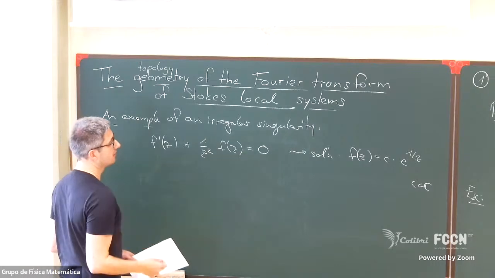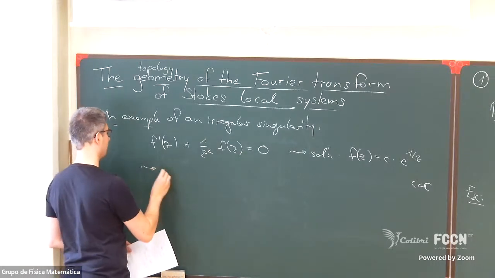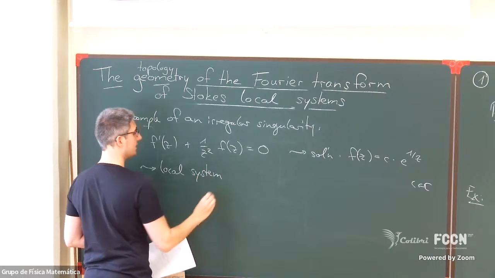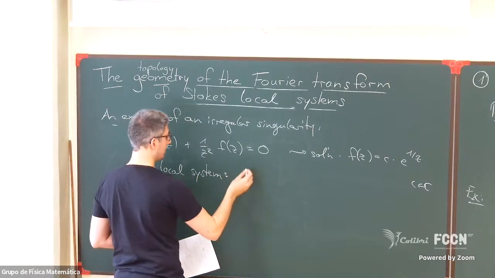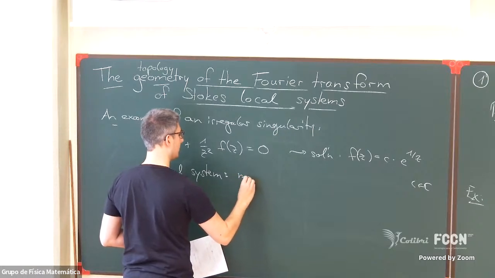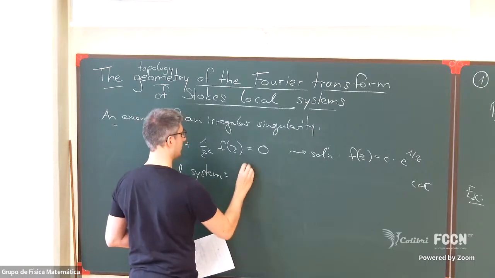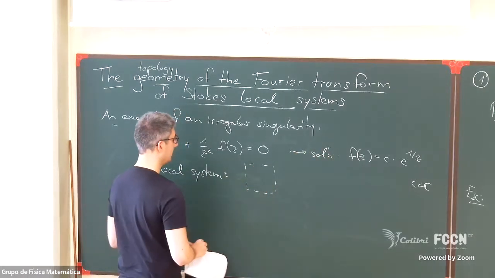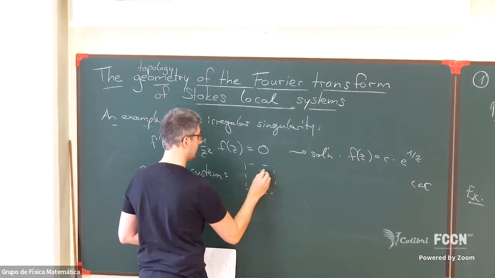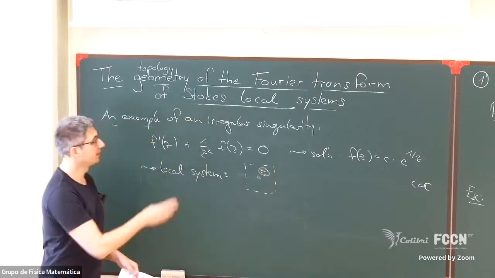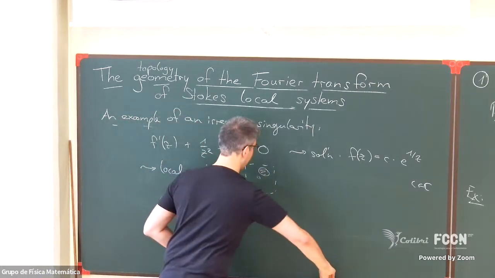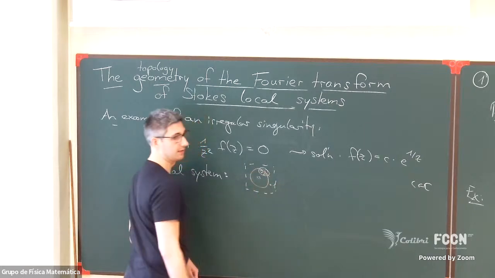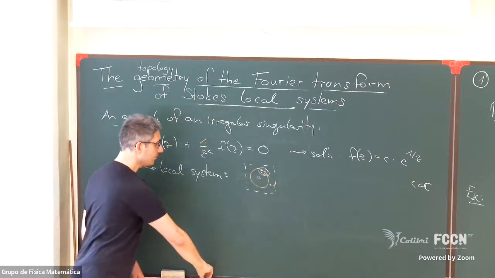And of course, I can still describe what the local system is. The local system is the one. This is a globally defined exponential. So locally, I again have a one-dimensional solution space, and the monodromy here is just the identity multiplied by 1.